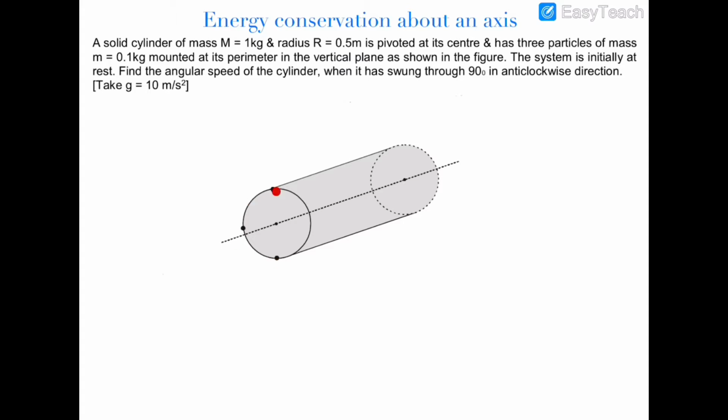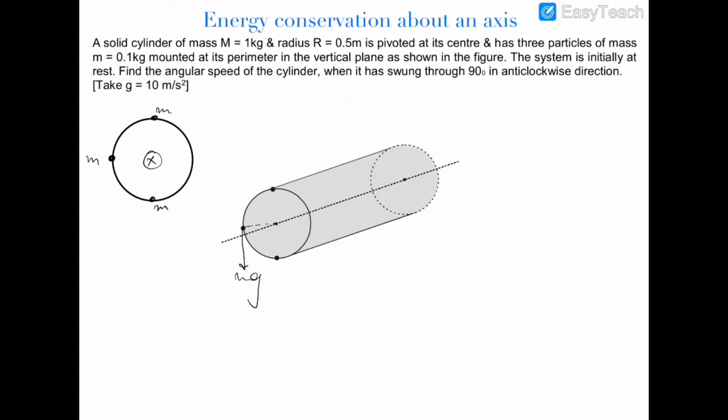So this system is released from rest, and due to the torque of mg of this mass m, I'll show you, mg would be acting like that, therefore it would create some torque about center. And if I draw the cross sectional diagram, then this is the axis of rotation, this is a mass m, and this is another m, and this is the third one.